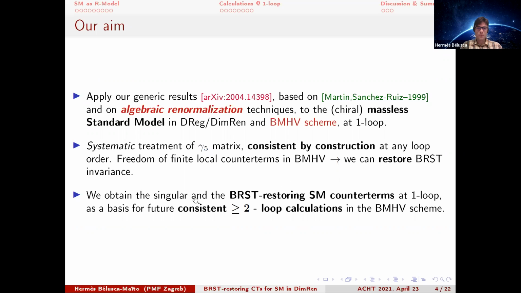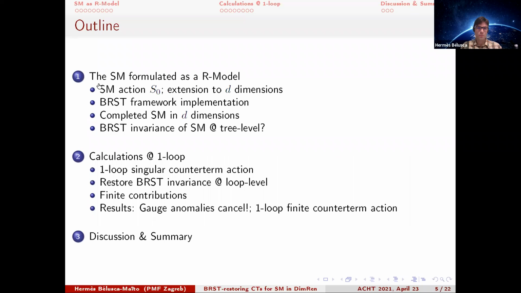And this, together with the singular evanescent counterterms at one loop, is actually needed for higher loop order calculations to be done consistently in this scheme. So I will present the reformulation of the standard model suited for our approach, then the calculations, and I will conclude with a discussion.